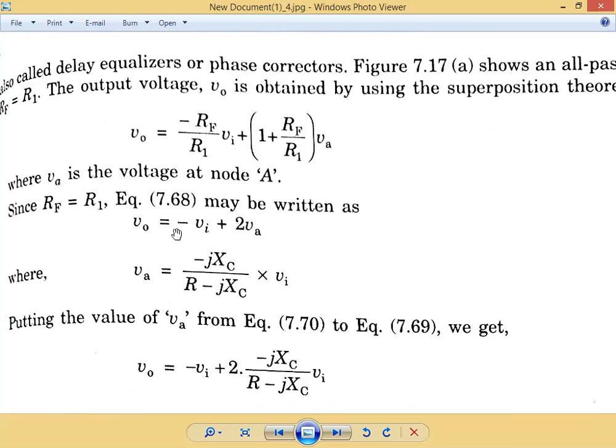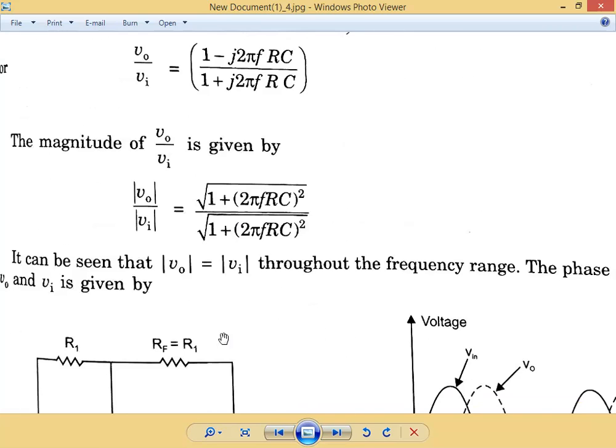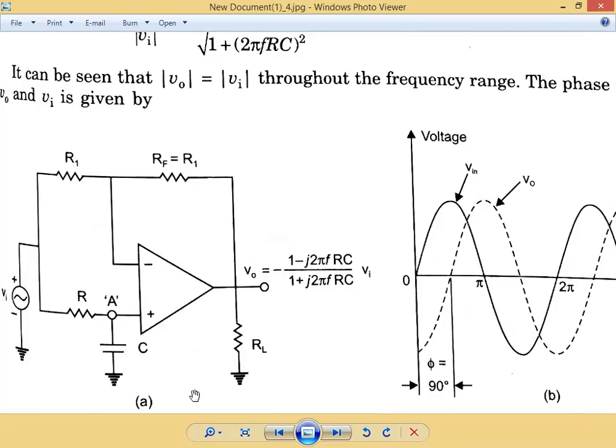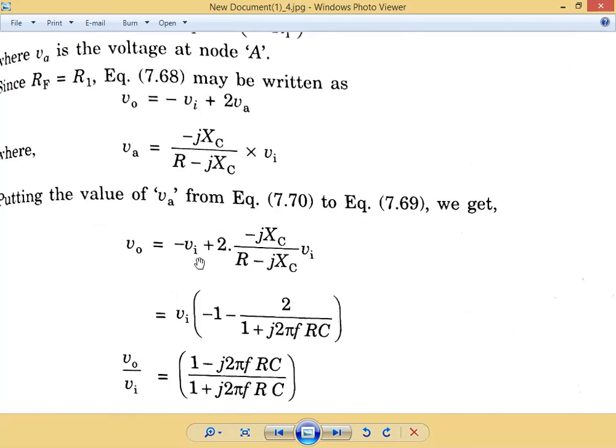VA is given by the capacitive reactance divided by the total impedance in this part, that is, VA is equal to minus JXC divided by R minus JXC, into VI, the input voltage.